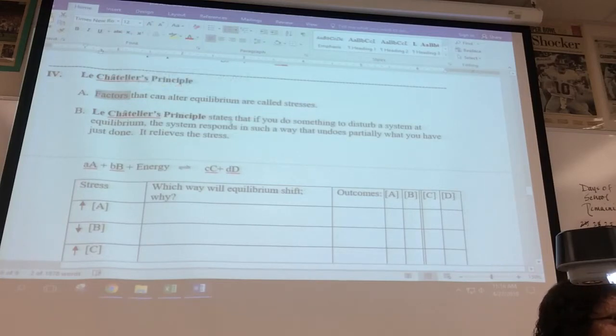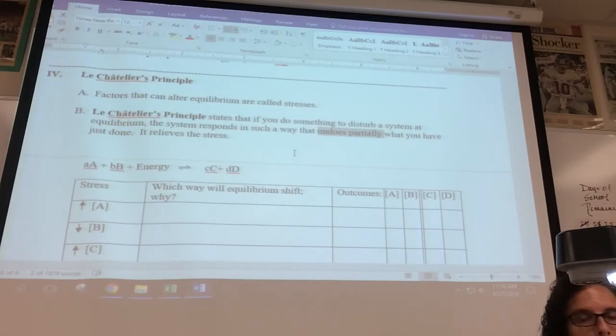Le Chatelier's principle says that if you do something to disturb or perturb a system that is at equilibrium, the system will respond in such a way that at least partially undoes what you have just done. It's going to do something to at least partially relieve the stress.